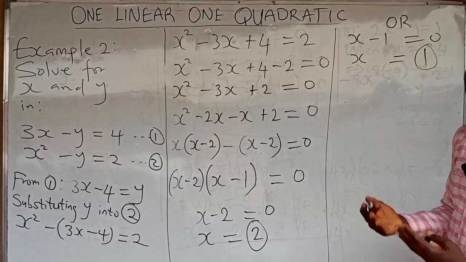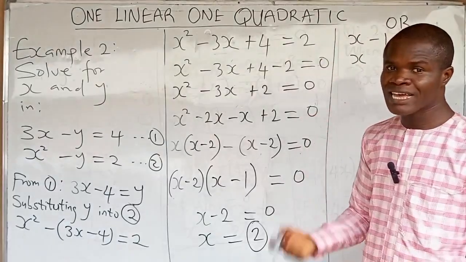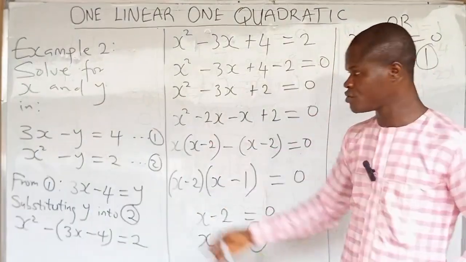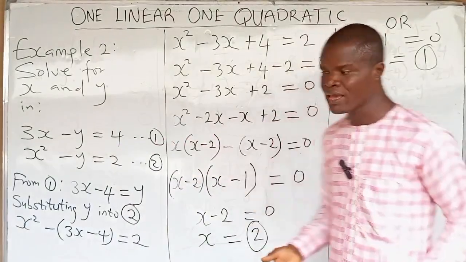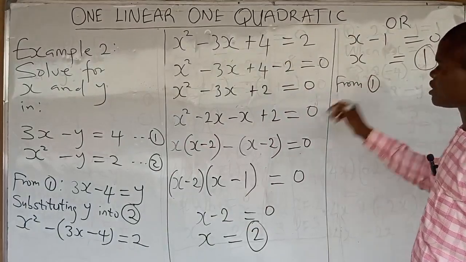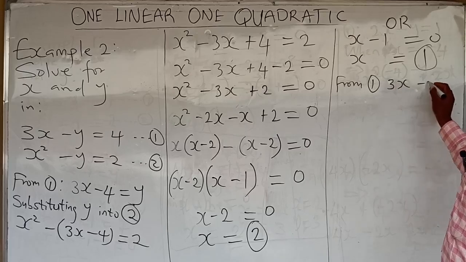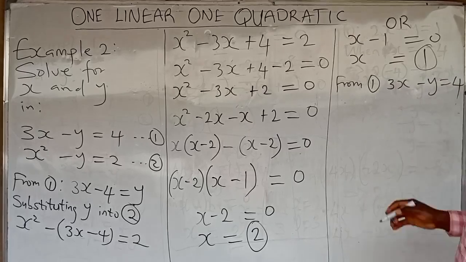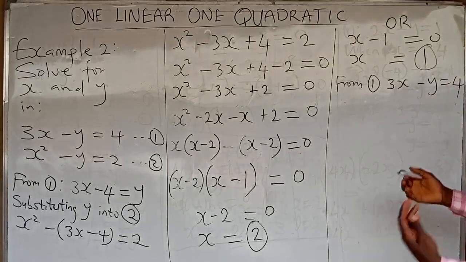So we're going to use them to find the corresponding values of y. It is always easier to use the linear equation between the two equations. So I'm going to be using the linear one to get our corresponding values of y. From equation 1, we have 3x minus y is equal to 4.